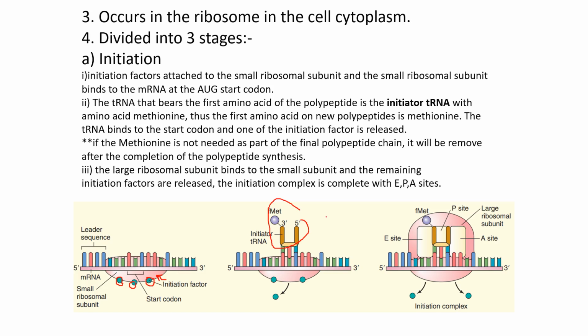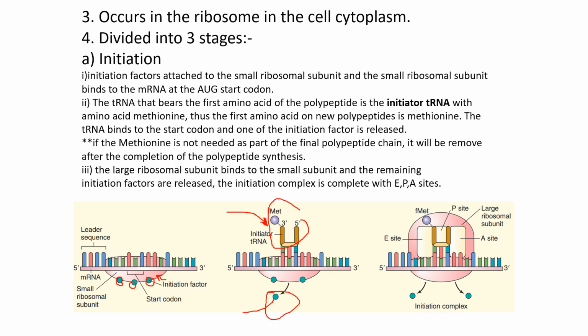The tRNA binds to the start codon, and one of the initiation factors is released. So the moment this initiator tRNA, which is a tRNA with methionine, binds to the AUG start codon, one of these initiation factors will be released.